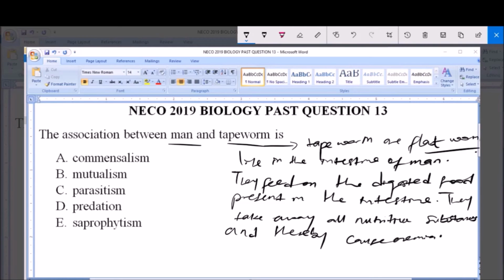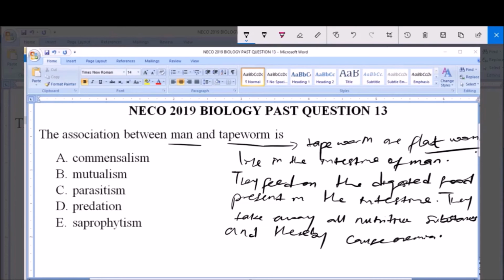Now you see that the activities of this tapeworm in man are actually harmful, because they live in the intestine, that is in the gut of man, feed on the digested food which is supposed to be used by the man, take away all the nutritive substances and cause anemia. They also cause vomiting in severe cases and even irritate the walls of the intestine. So the activities of tapeworm are harmful to man, and tapeworms actually live in man.